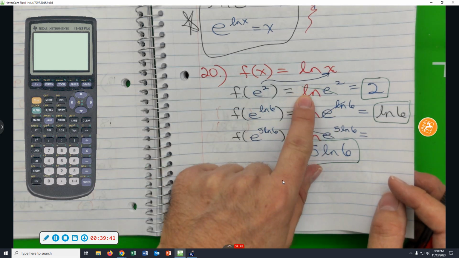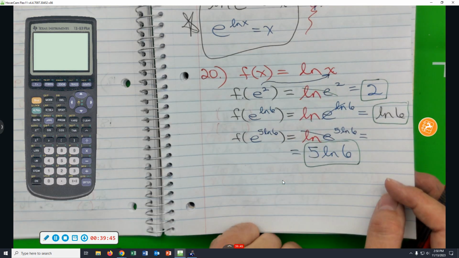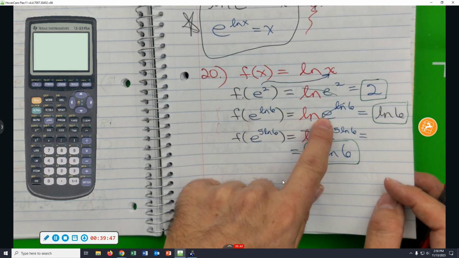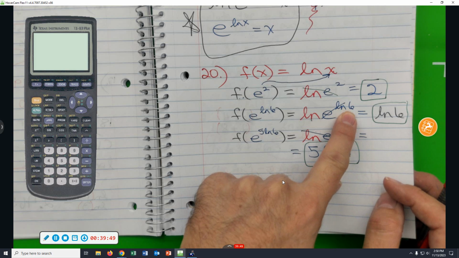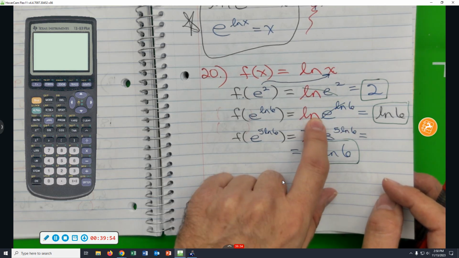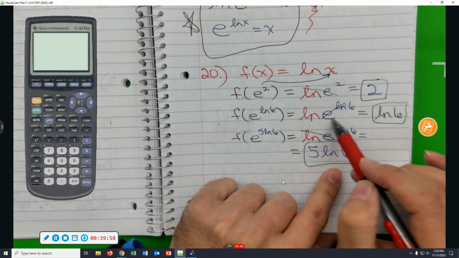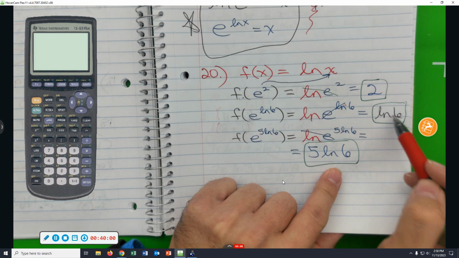See, ln e squared, the ln and e would cancel, leaving a 2. ln e to the ln 6: if the e and ln are side by side with nothing in between them, they cancel. You could cancel here or there, you'd still get an ln 6.